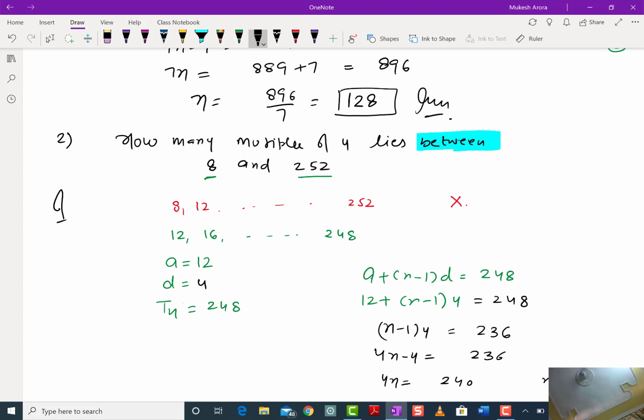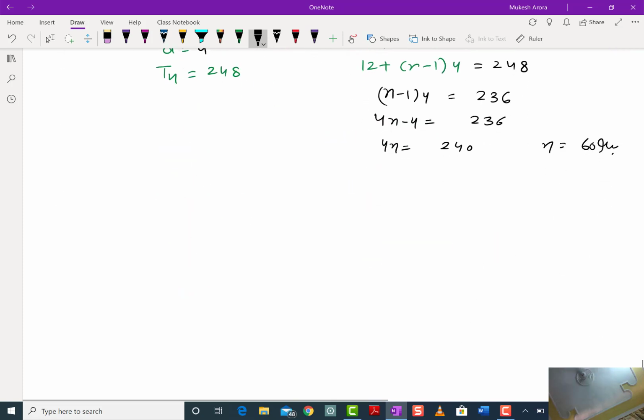So n is equal to 60. So 60 will be our answer. Meaning, you have to do the sum very carefully. You have to see everything very carefully, what is given and what you have to find.